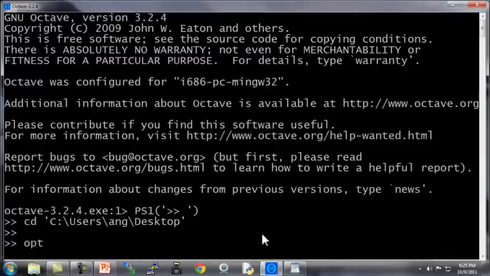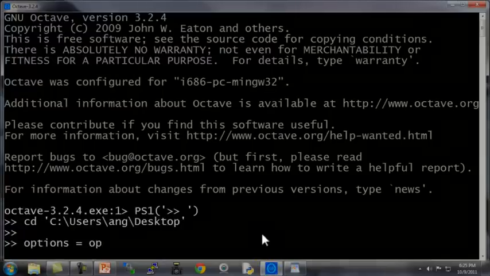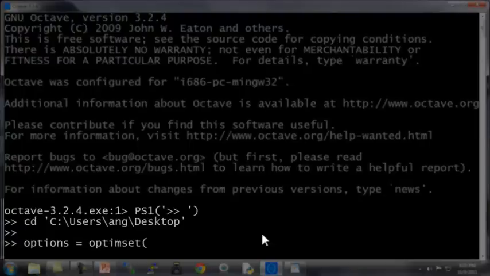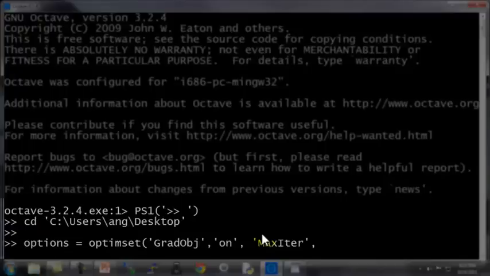I'm going to type in those commands I had just now. So options equals optimset. This is the notation for setting my parameters or my options for my optimization algorithm. GradObj on, MaxIter 100, so that says 100 iterations, and I am going to provide the gradient to my algorithm.